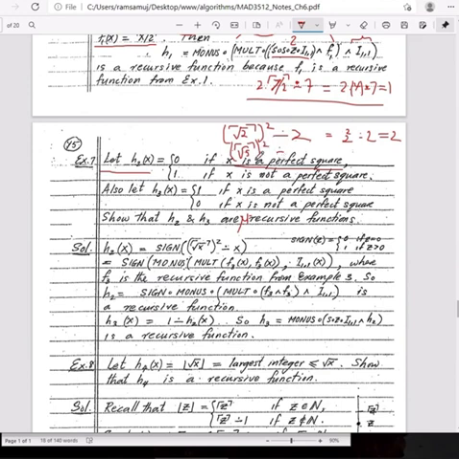Okay. Then you end up getting 3 squared minus 5, which is 4. So 9 minus 5, 4, yeah.